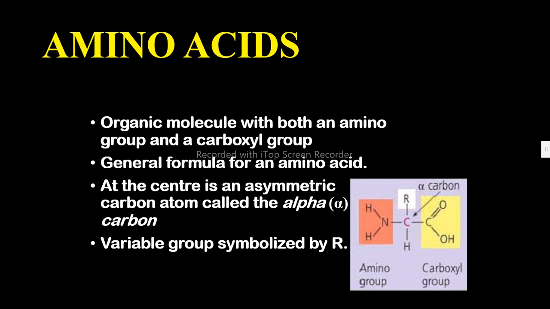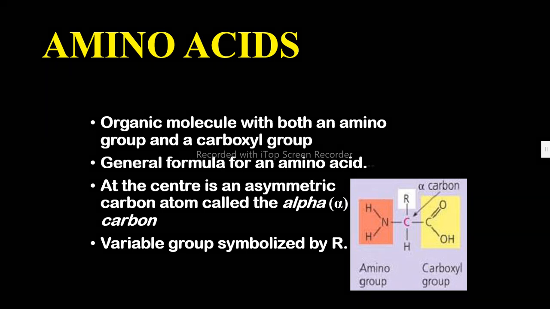Whereby you have the hydrogen here. This is the amino group. And then this is the carboxyl group. That's why it is called an amino acid. Why acid? Because of this. This is an organic acid. And why amino? This is an amino.